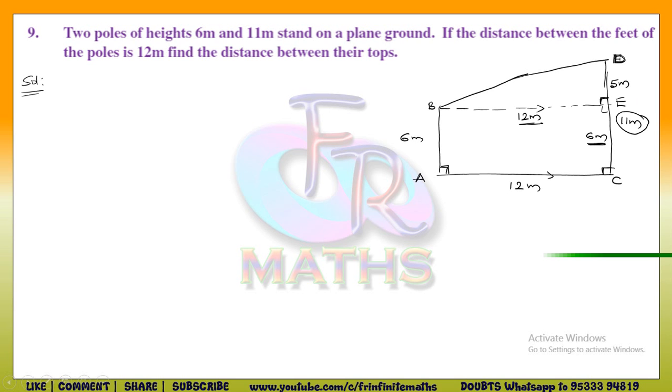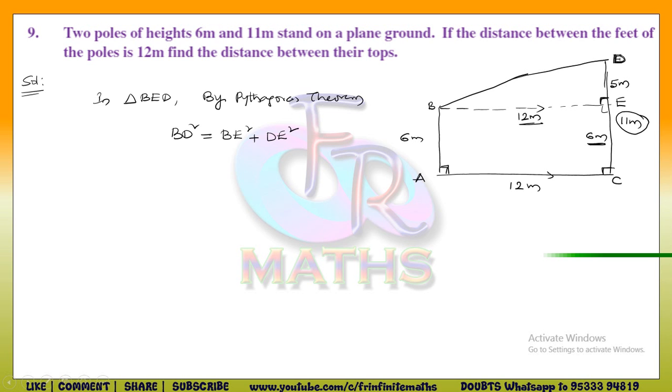Now I got a right angle triangle BED. So in triangle BED, I can apply Pythagoras theorem, no? So by Pythagoras theorem, BD square is equal to BE square plus DE square.